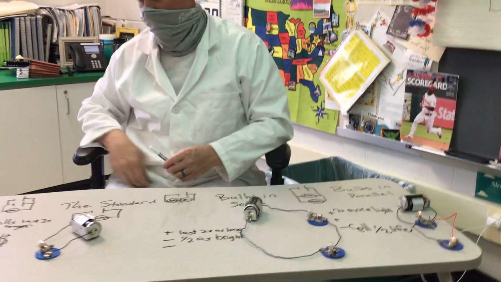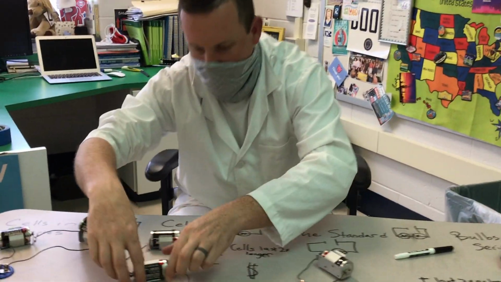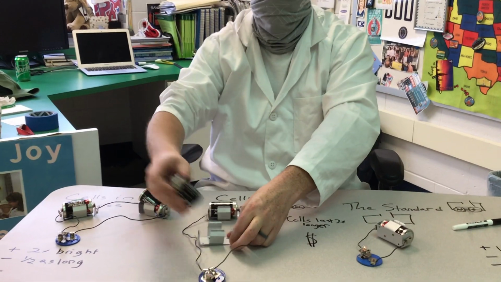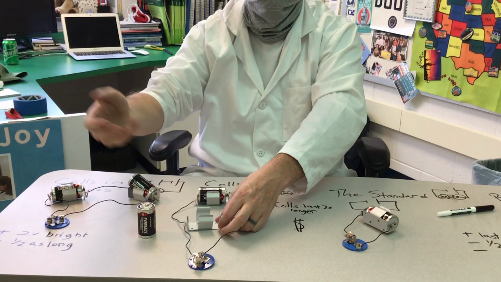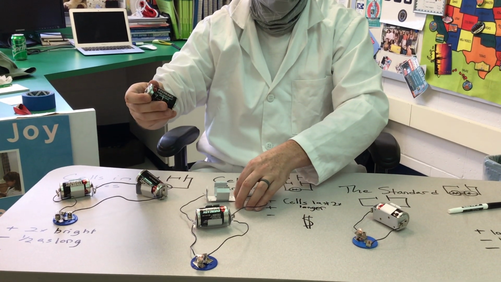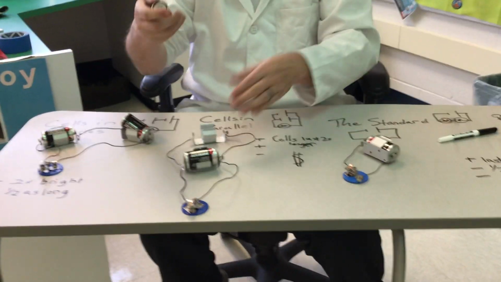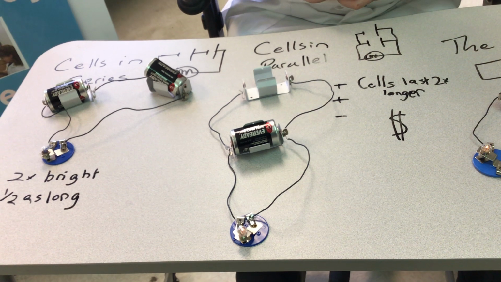The difference is, if we come over to the parallel setup, say this cell dies, we're still running. That's pretty cool. What happens if this one dies? Oh, still running. So it will run even if one of the cells is removed.